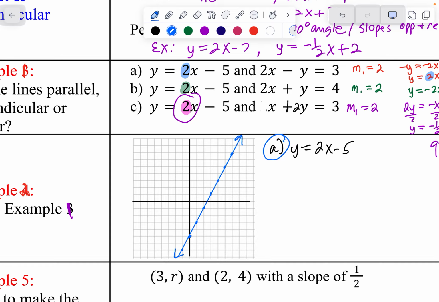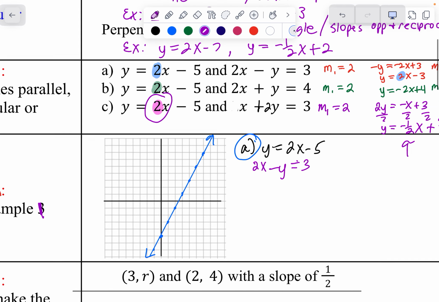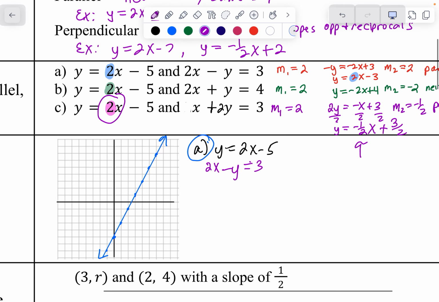Now in A, one of the lines that we were looking at is 2x minus y equals 3. We rearranged it to be y equals 2x minus 3. Can somebody tell me, where should I start on that graph? -3.